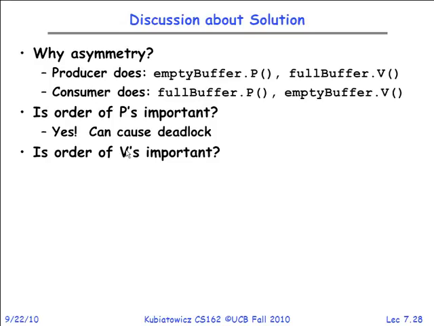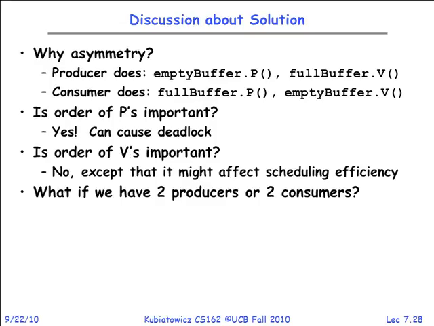They both try to execute mutex.p. One of them gets it. The other one goes to sleep. The one that gets it updates the queue, releases. Now the other guy wakes up, runs the queue. So in fact, it works. Okay, so this solution works fine even if we have 3 Coke guys and 20 students. Okay? Don't need to change anything.